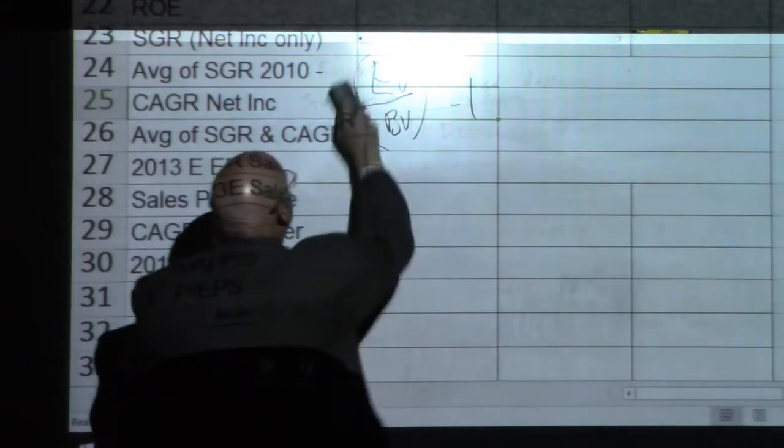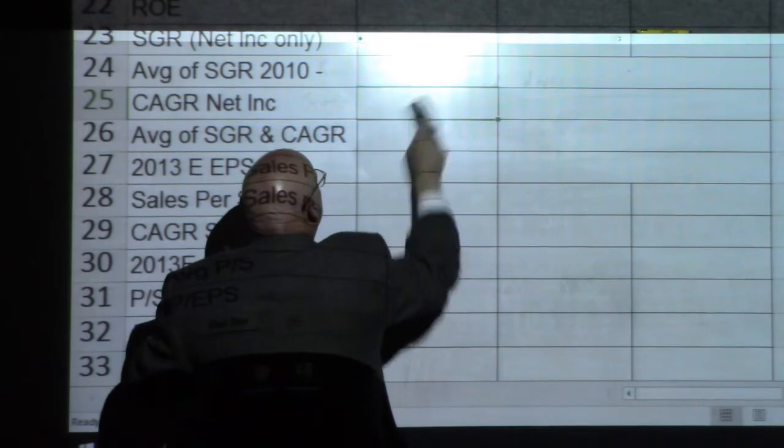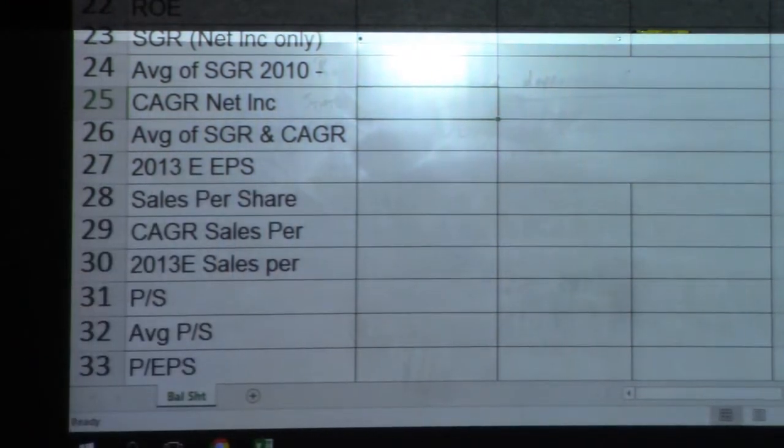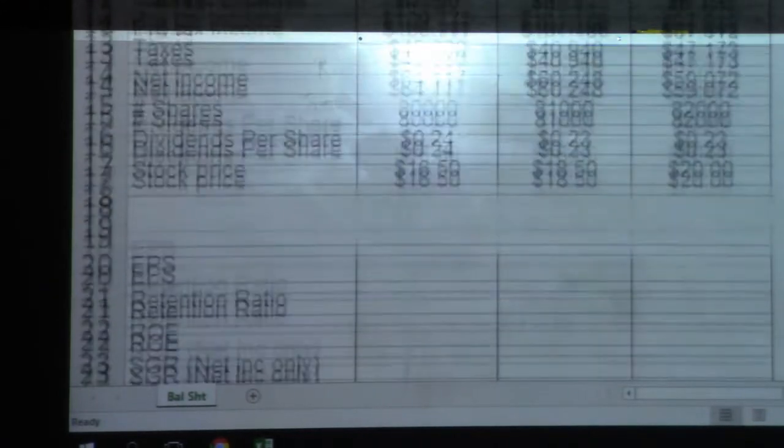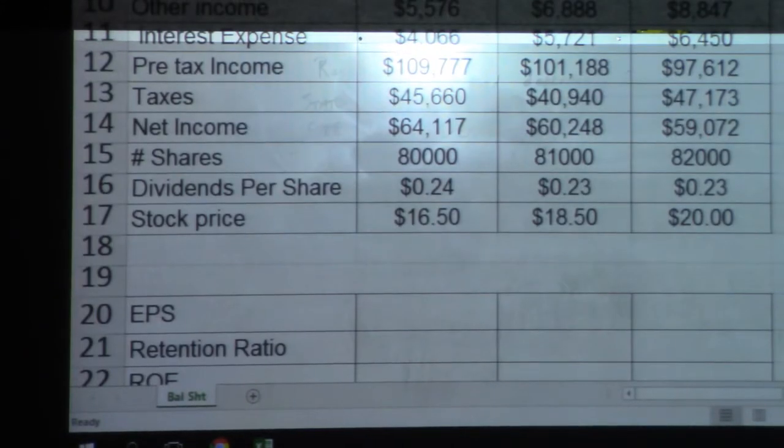So, let's go up to find our net income. So we've got ending net income 64,117. Okay?